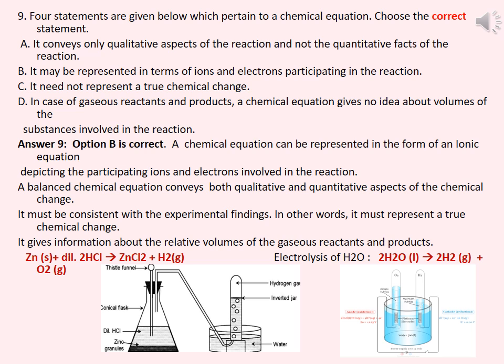Experimentally, if the gas jars in which the two gases are collected are graduated, you can measure the volumes of oxygen and hydrogen gases which are evolved. So, once we write a chemical equation, it gives exact information, both qualitative and quantitative, about a chemical reaction.